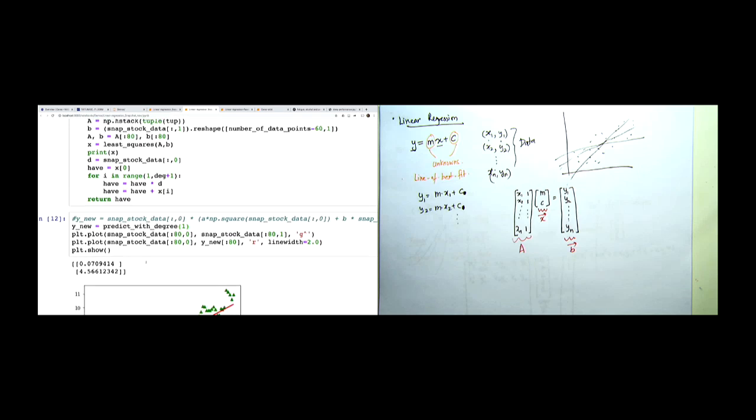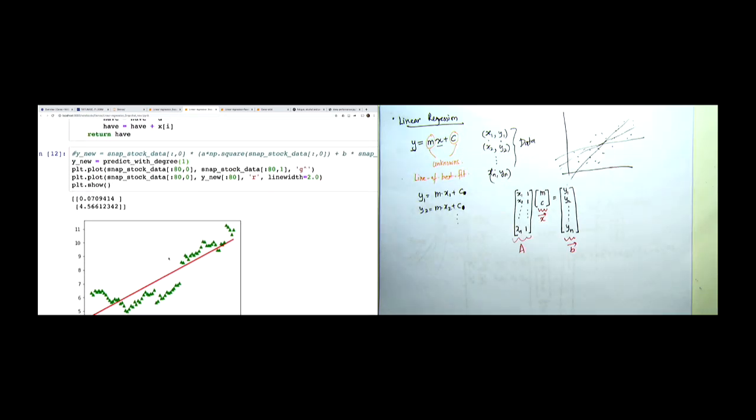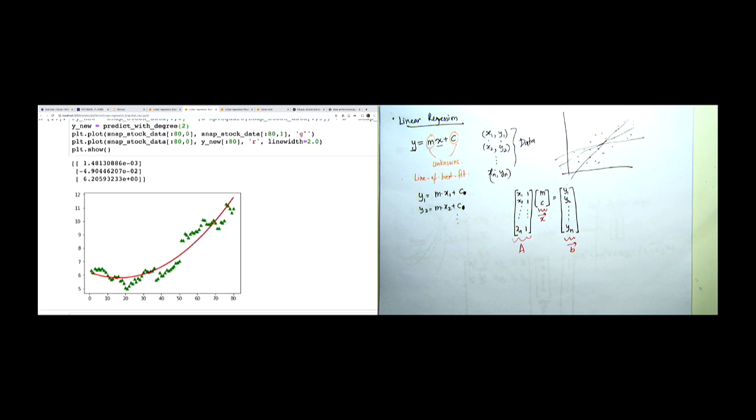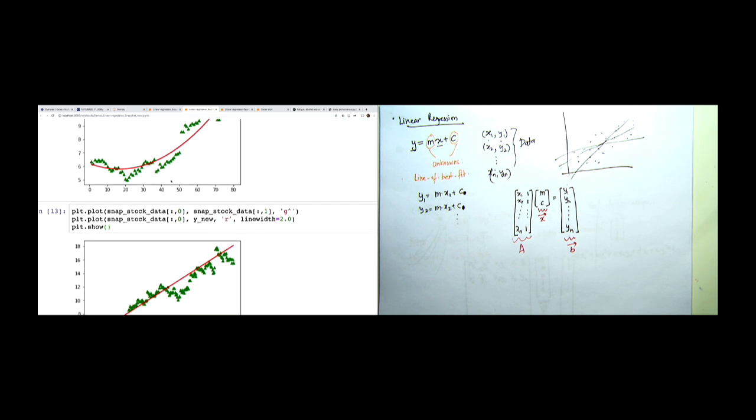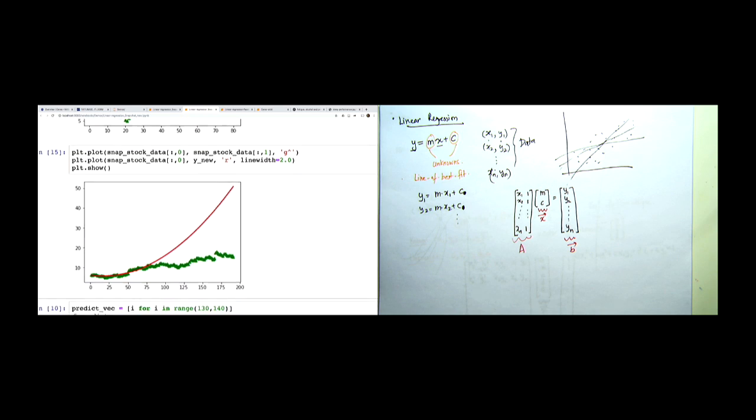So what I'm going to do here is, if I say that I want to predict with degree 1, this is the line that I get, and it's something. But let's say I wanted to try and fit a quadratic equation to it. Kind of does a lot better, right? So maybe there's some kind of quadratic trend going on around here. Well, let's see what happens as I extrapolate this out.